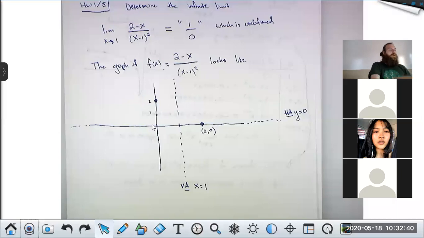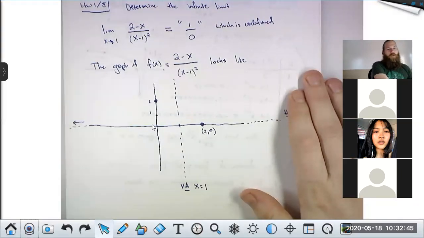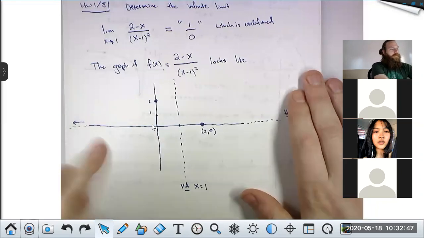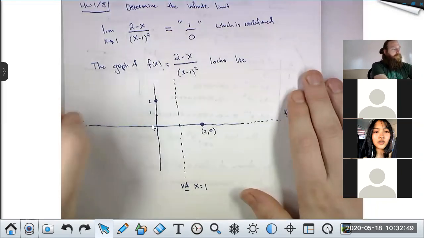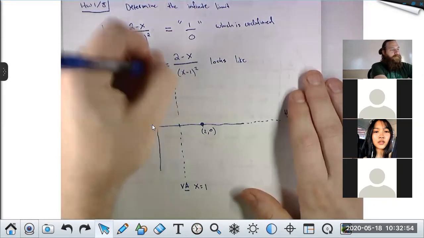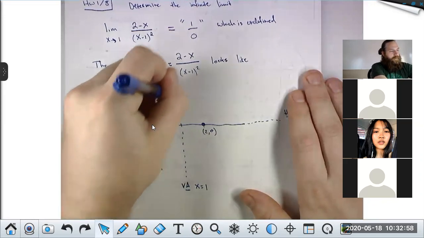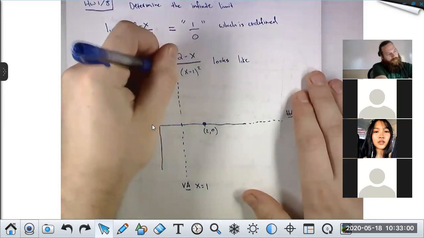So what's going on here is I have a function that has a horizontal asymptote y equals 0, which means he's sitting down like that out there. He doesn't have any x-intercepts through here, so since this is positive, he has to stay positive, meaning he's going to approach this vertical asymptote like that.